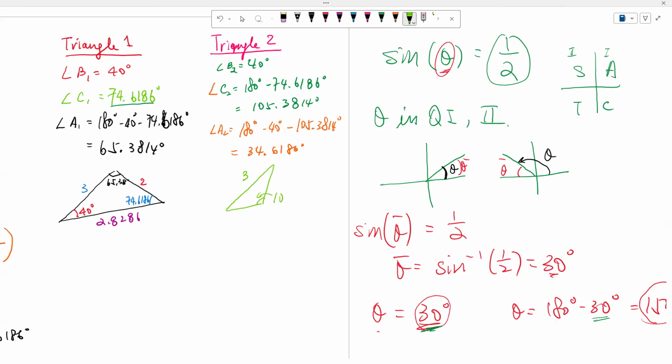This angle right here is 105.3814. Okay. And this angle right here is still 40 degrees, and this is 2. Then this angle A right here is 34.6186 then. Okay.